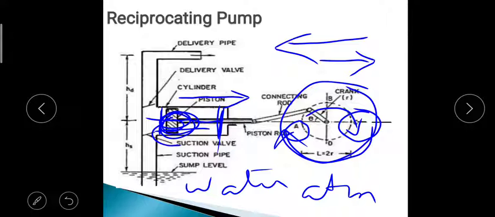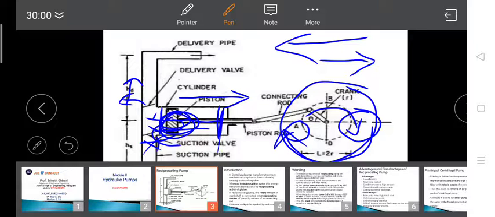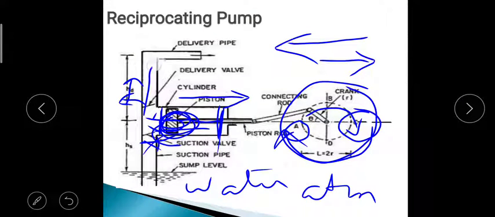At that time the suction valve will be closed, and the delivery valve opens up. When the delivery valve opens up, whatever liquid was inside, when the piston moves from right to left, it will deliver the water with high pressure from the delivery valve into the delivery pipe.